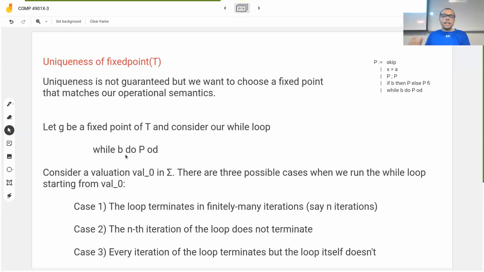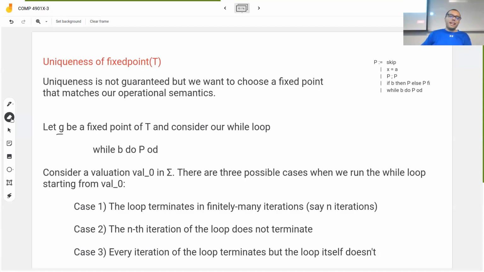Okay, so I'm saying let g just be any fixed point of t. I'm going to show that the fixed point that I get from my operational semantics has a smaller domain than g. And again, by smaller, I mean that its domain is a subset of the domain of g.